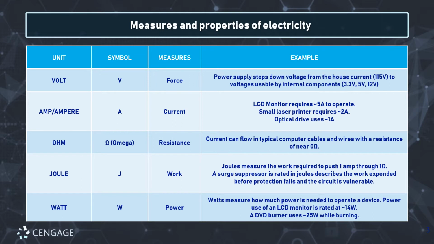A watt is represented by the letter W, and it is a measure of power. And when I say a measure of power, I don't mean like strength, I mean power consumption. So the power needed to operate a device. An LCD monitor, just an average one, might be rated somewhere around 14 watts.